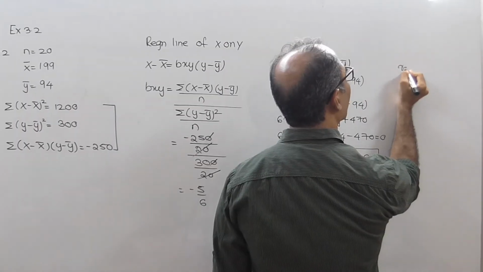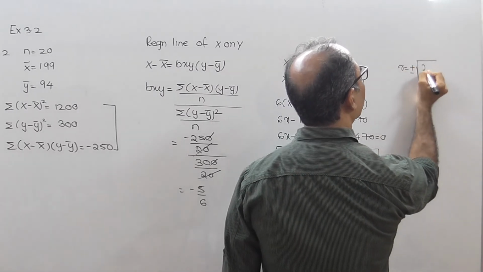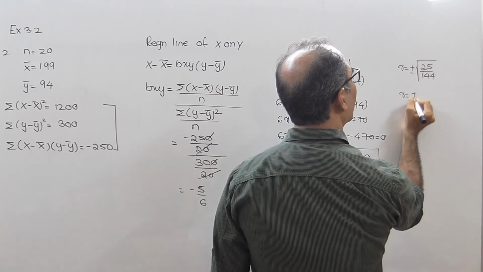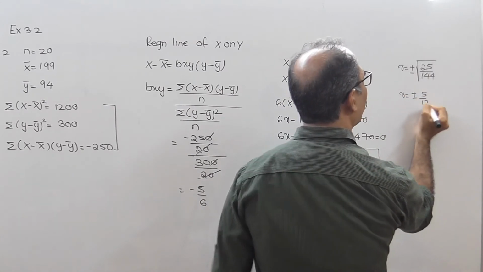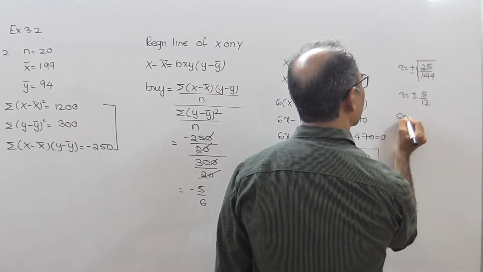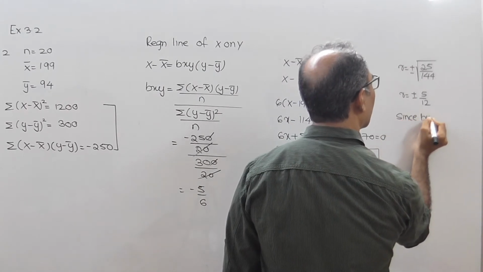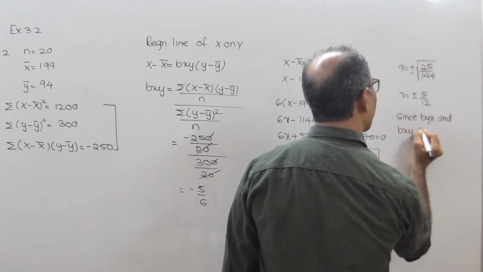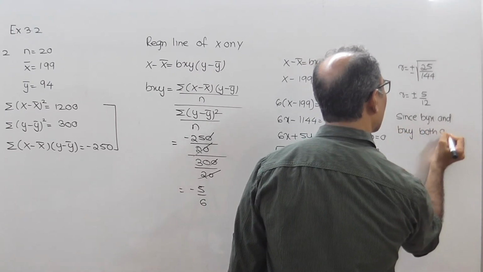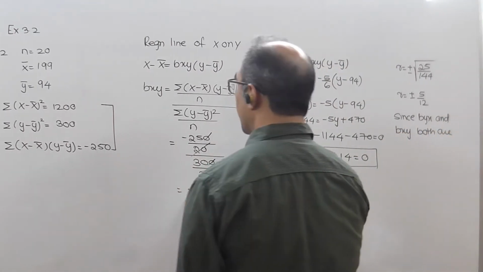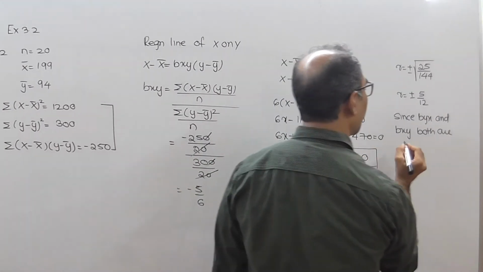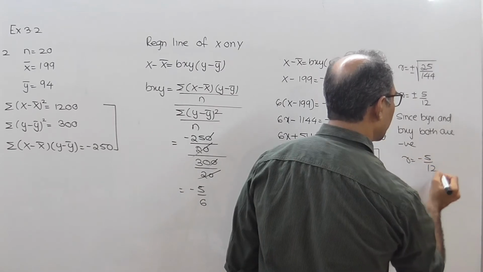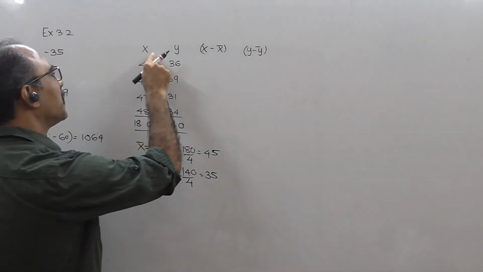So r equal to plus or minus root of 25 upon 144, which is plus or minus 5 by 12. Since byx and bxy are both negative, r equal to minus 5 by 12.